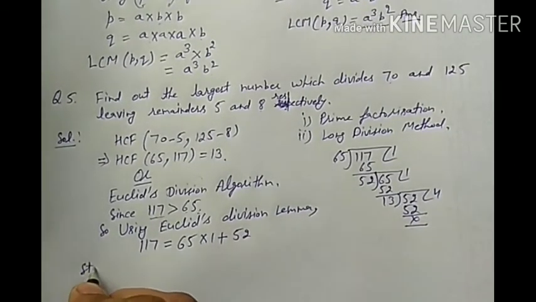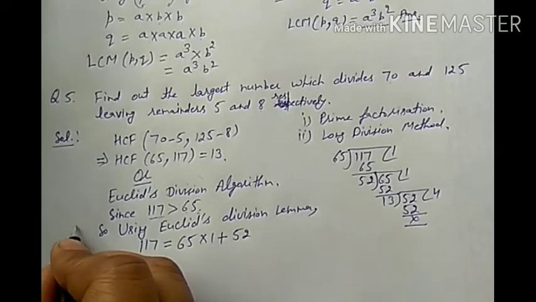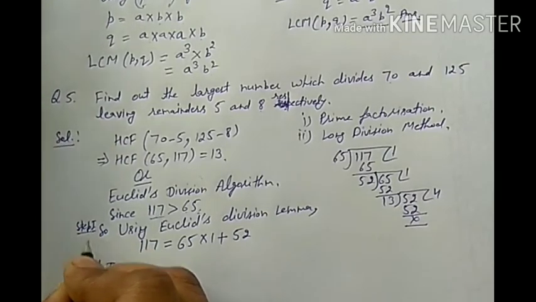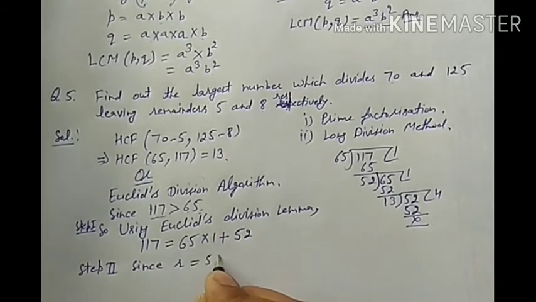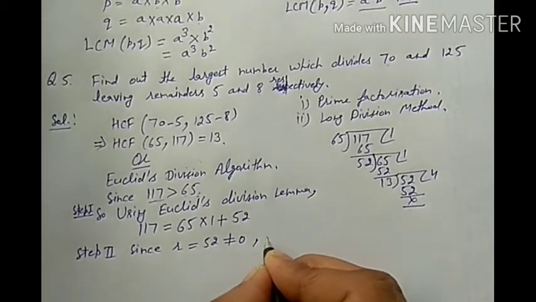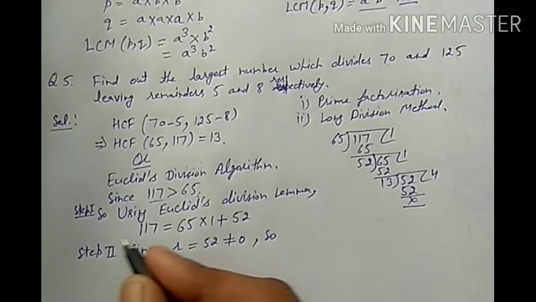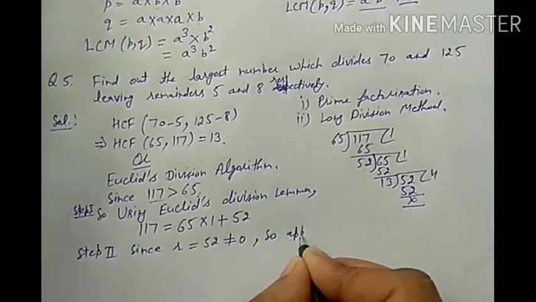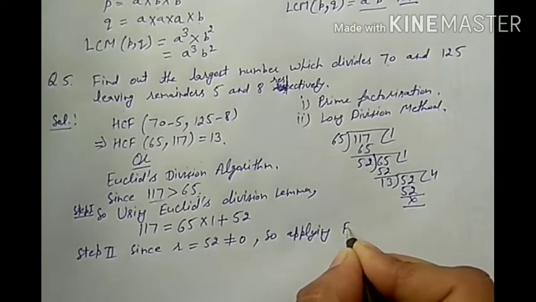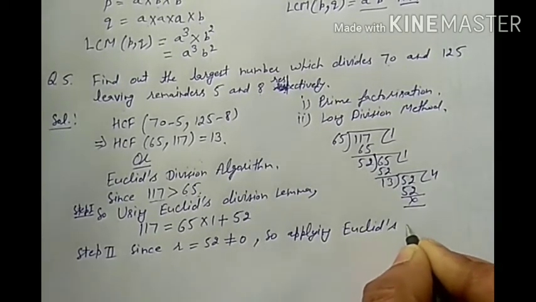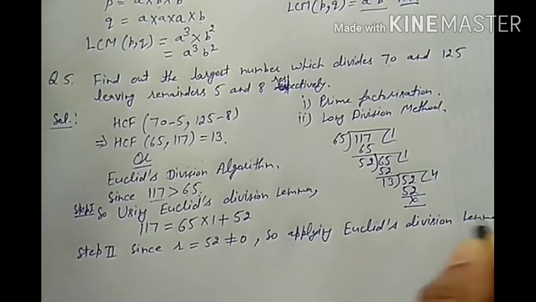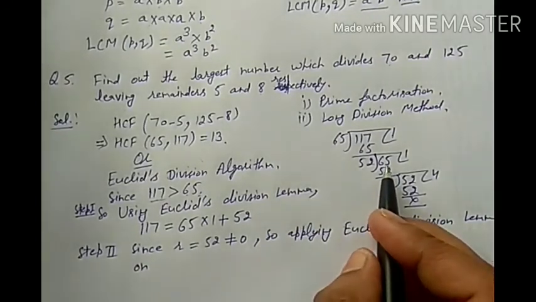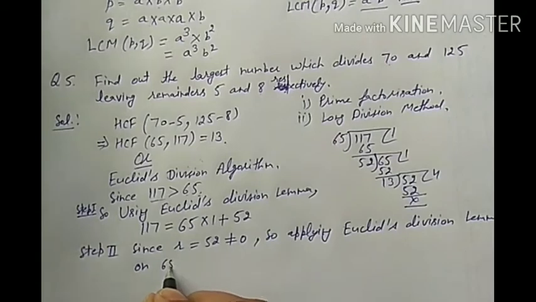This is step 1 first. Since remainder is 52, not equal to 0, so applying Euclid's division lemma on 65 and 52.